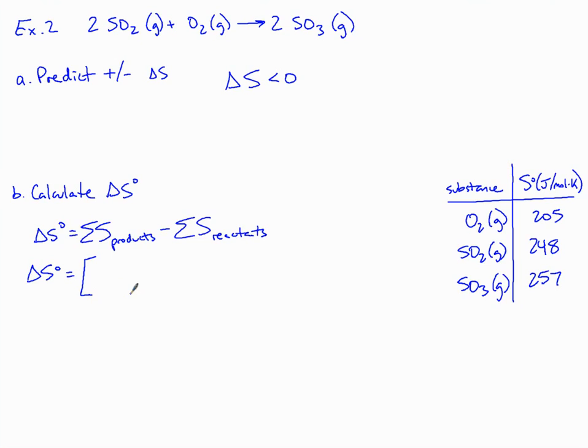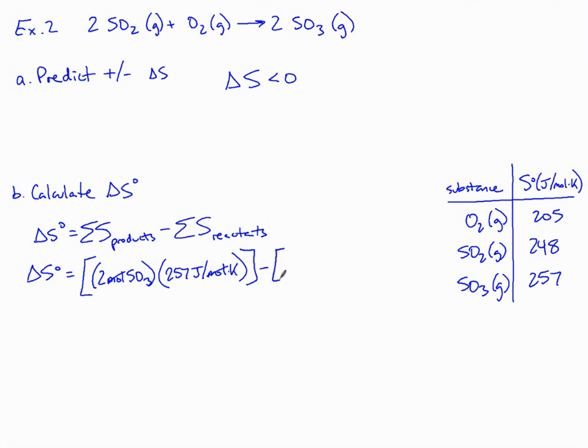We have to consider something else: there are 2 moles of SO3 in the reaction, from the coefficient of the balanced equation. And for SO3, 257 joules per mole per Kelvin. Moles cancels out. And that's it for the products.